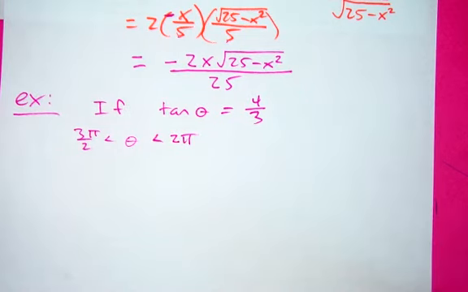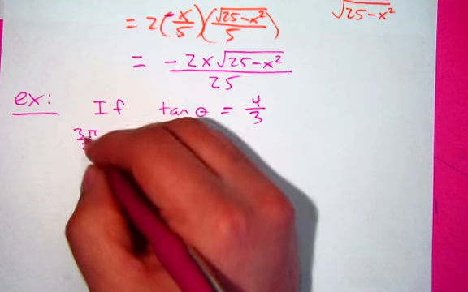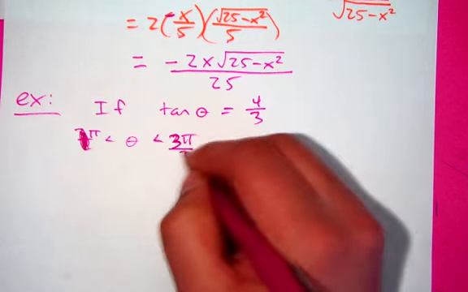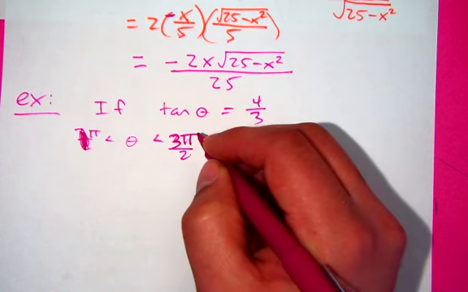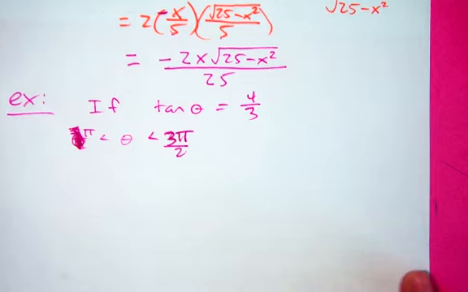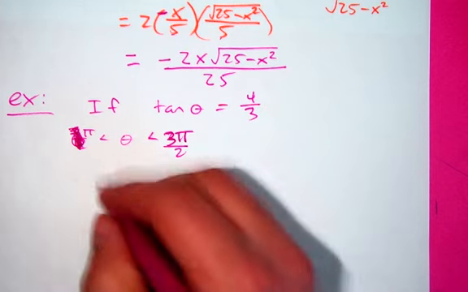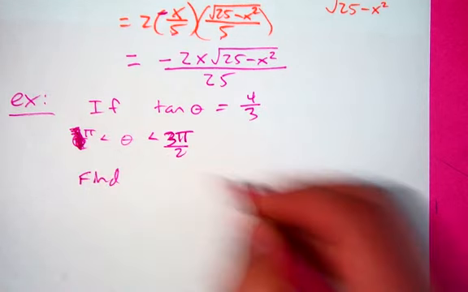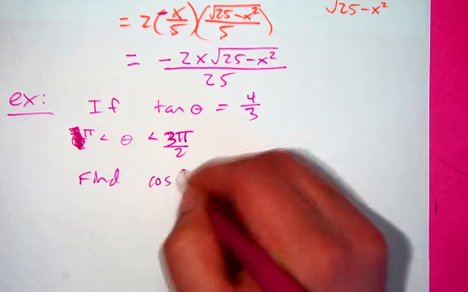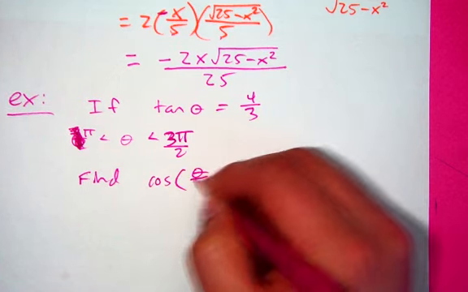Actually, no, I lied. That's not what I want. Let's do pi and 3 pi over 2. Let's say we want to find cosine of theta over 2.